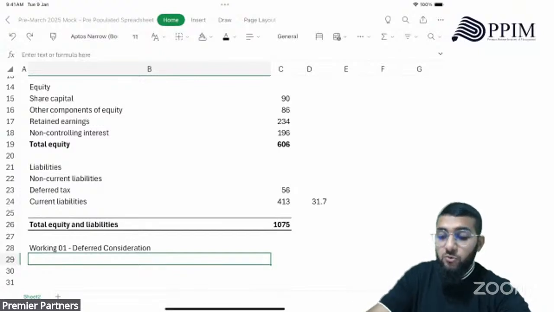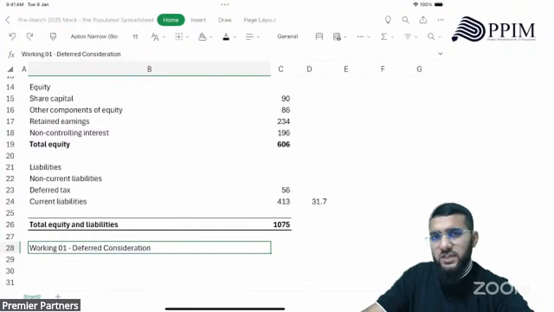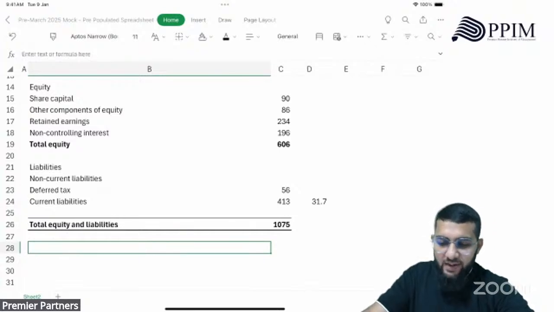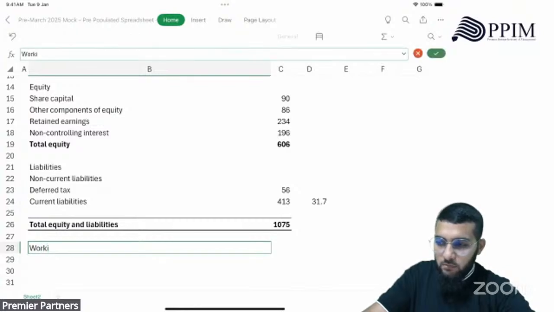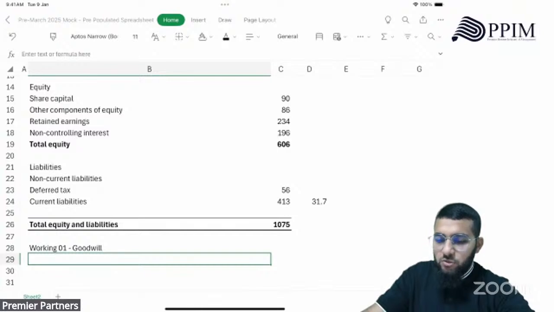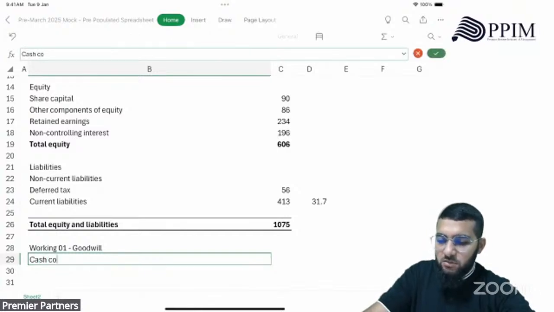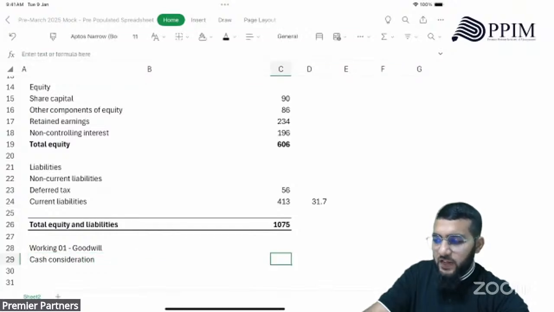Now here you can do the working as well. You can do it as working 1, or since you have to do the revision of goodwill, working 1 can also be goodwill correction. Now to do this, we know there's a cash consideration of 50, that is correct.